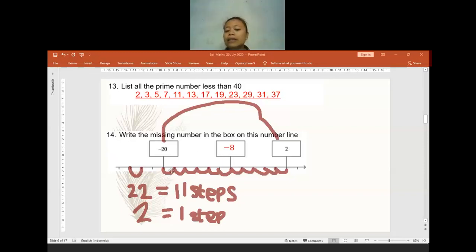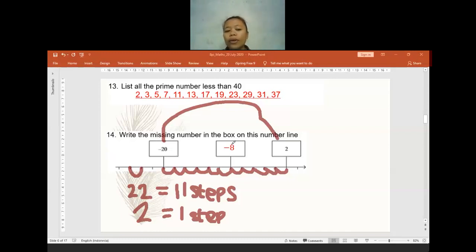And when I check the steps, there are 11 steps. 11 steps equal 22, so each step counts as 2. So after negative 20, jump to negative 18, then negative 16, negative 14, negative 12, negative 10, and that's why the answer is negative 8.